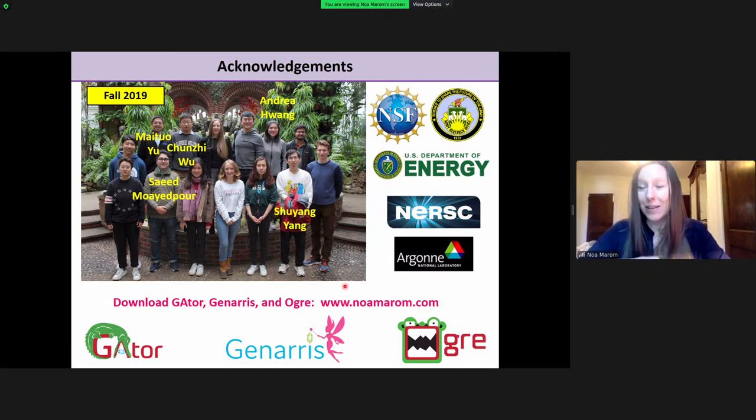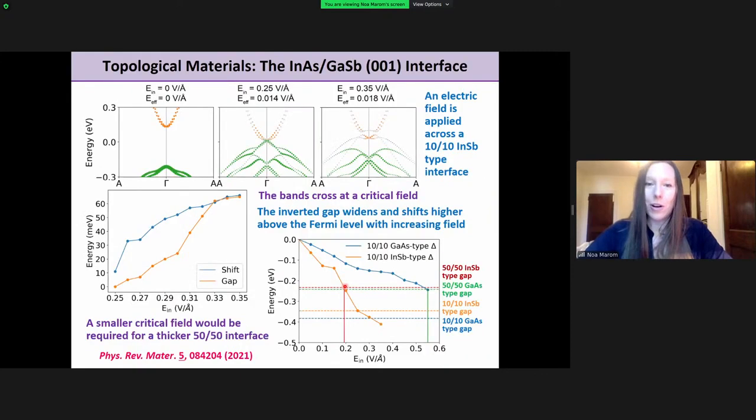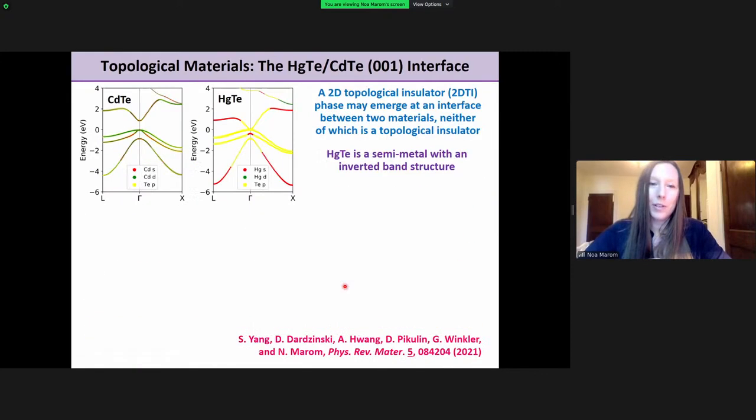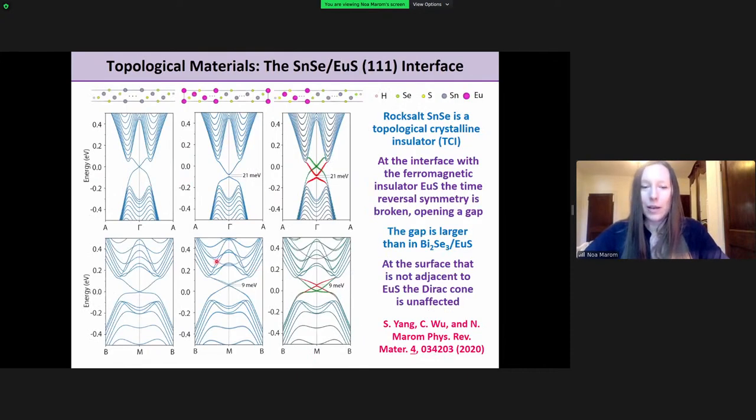For alpha tin, for example, it takes 80 layers to really close the gap. And for the topological insulators I showed you in this work, it also took a very large number of layers. I don't remember off the top of my head how many, but it's in the paper. We needed a very large number of layers to really close the gap at the Dirac cone.